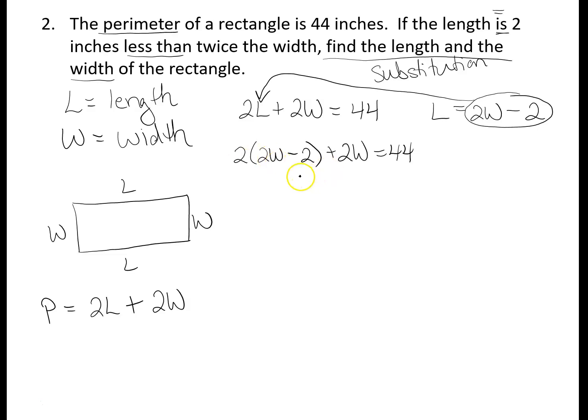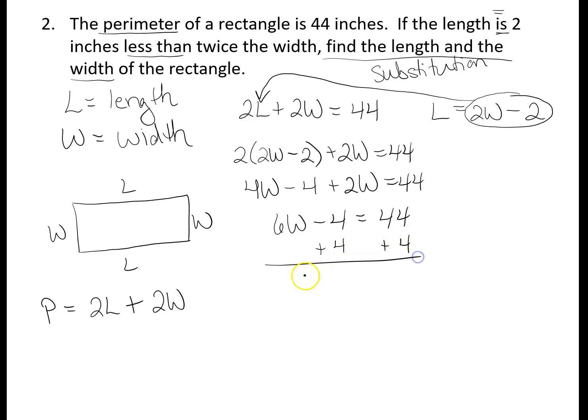We're going to distribute the 2, 4W minus 4. And then combine like terms. And add 4 to both sides. So 6W equals 48. Divide by 6, and we get W equals 8.